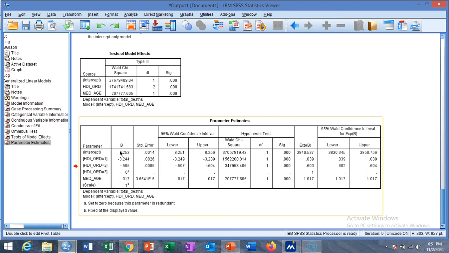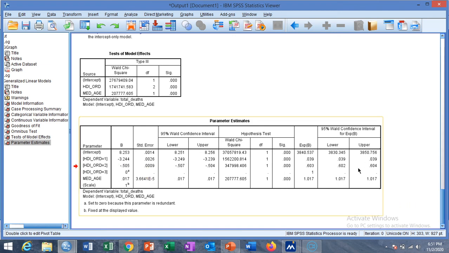You can also see this from the sign of the beta coefficient, that the beta coefficient corresponding to HDI order 1, meaning category 1, is negative. This means that for this category the number of COVID-19 deaths is smaller than the base category.